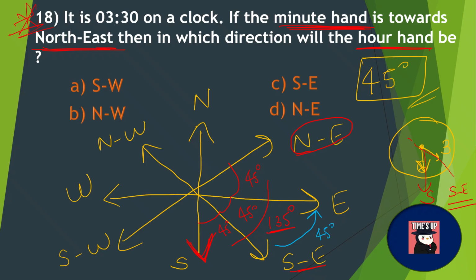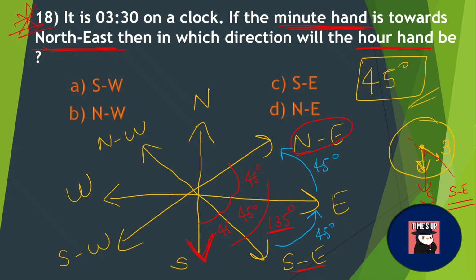Anti-clockwise direction only we need to go, because for the minute hand also we went anti-clockwise. From east to northeast, it will be a 45-degree angle. We need to move 135 degree.